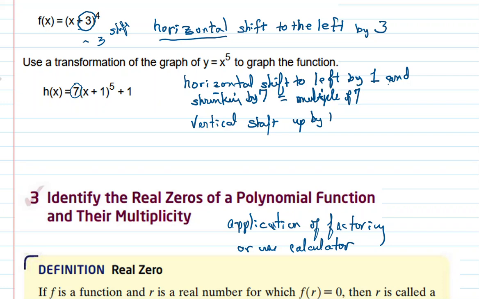Shrinks. It shrinks because it's going up fast. It's moving fast. The 7 makes it move fast. So we're shrinking, and we have a horizontal shift of -1. Is that correct? And the degree is 5, so that means it goes right through.